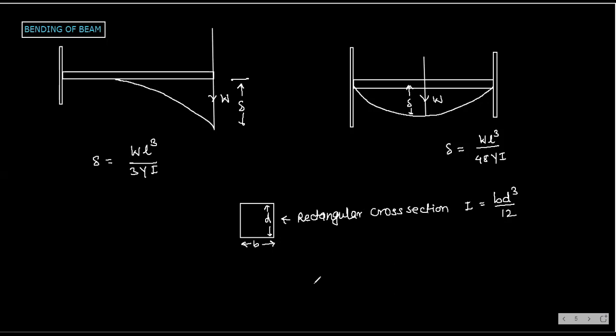Next one, if a circular rod is there, then moment of inertia for this circular cross section, I is equal to pi r to the power 4 by 4. Right? Note down.